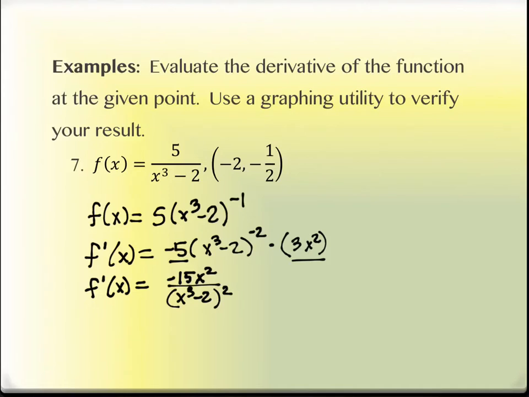So that's the simplified version of the derivative. And now I want to evaluate it at the x value of negative 2. Your book likes to give you the ordered pair, like the point on the graph where it's doing it. The only part that matters for evaluation purposes is the x value for now.